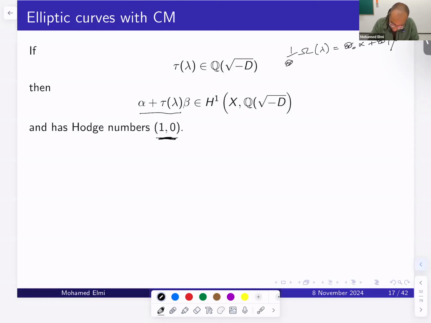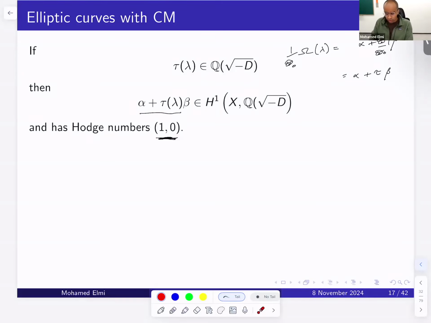The normalization isn't fixed, so I'm free to divide out by this. And this is just alpha plus tau beta. This is a holomorphic differential, so of course it has Hodge numbers. It will have Hodge decomposition 1,0. So what we found is a cohomology class with a very specific Hodge decomposition.